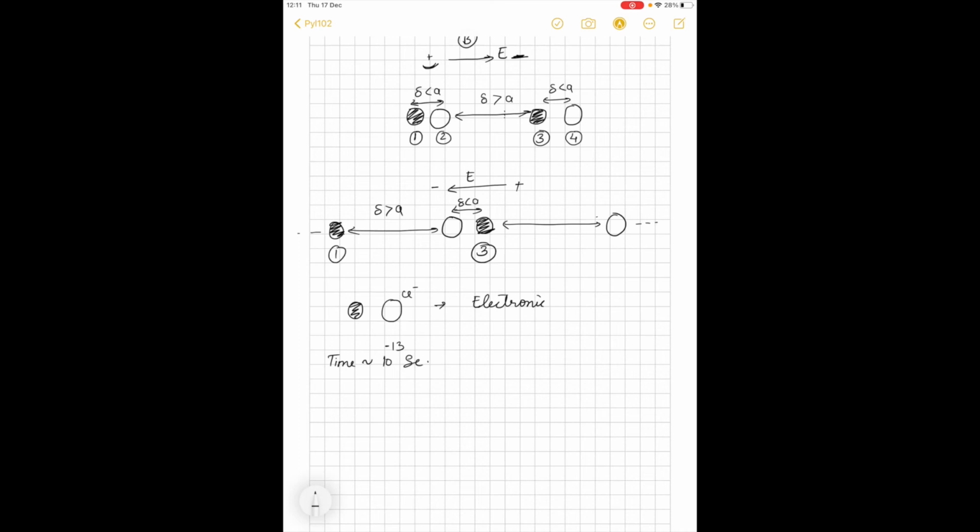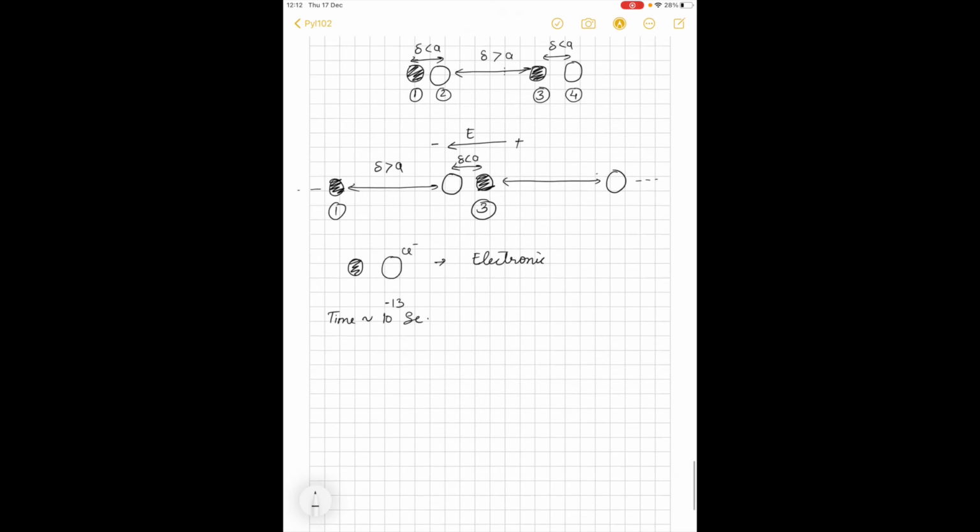And you remember in the electronic one, I told you it's of the order of 10 to the power minus 14. So here it takes 10 times more. Why? Because the anions or cations are heavier than the electrons, so they are sluggish. So that's why they move a bit slowly.